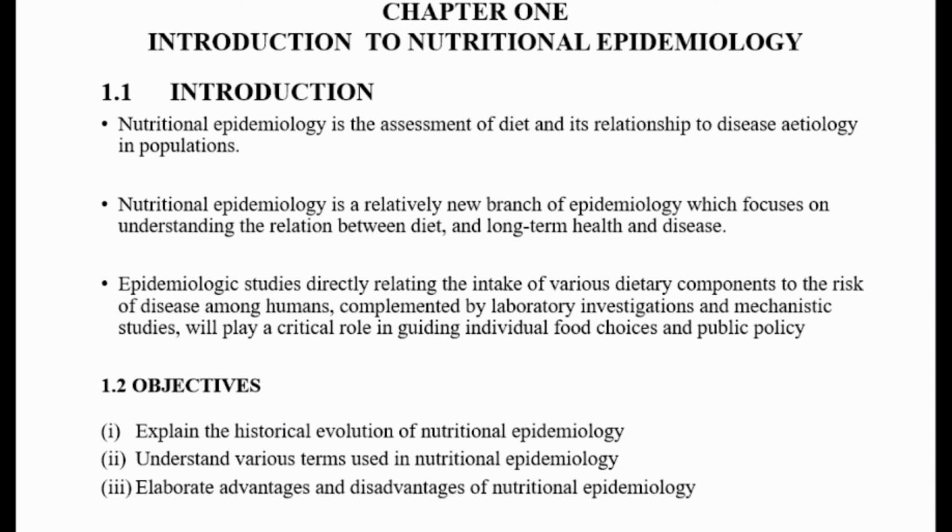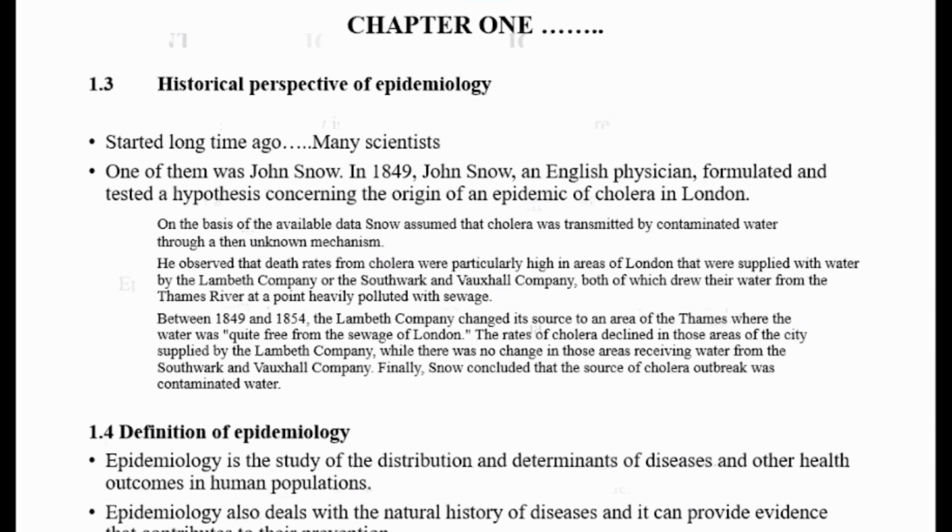So the objective is to explain the historical evolution of nutrition epidemiology, understand various terms used in nutrition epidemiology, elaborate advantages and disadvantages of nutrition methodology. So in this chapter, you will cover those 3 items, and you have to understand where these terms epidemiology came from.